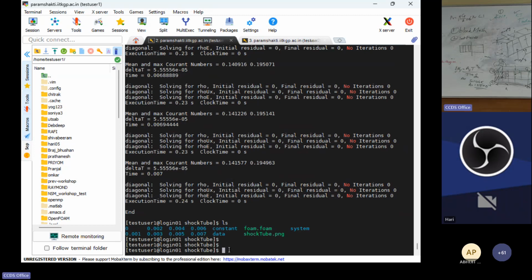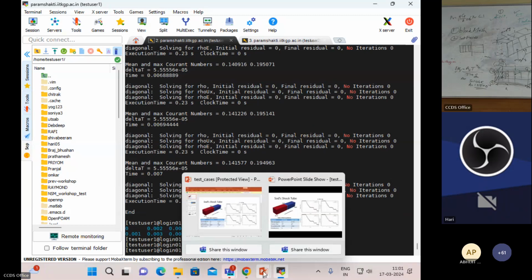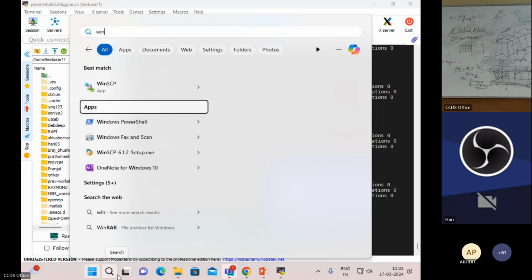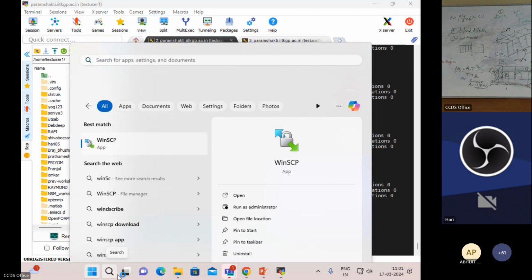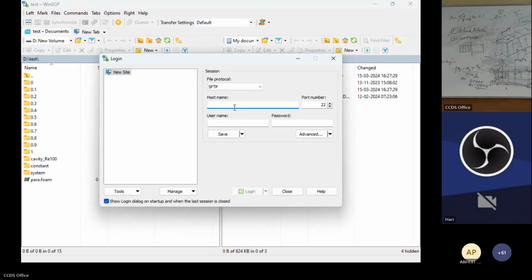Now you want to download this data to visualize in ParaView. I'll use WinSCP over here. I'll again log in over here.